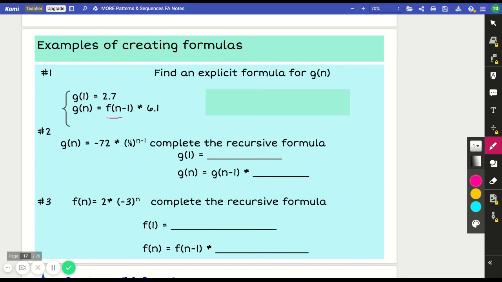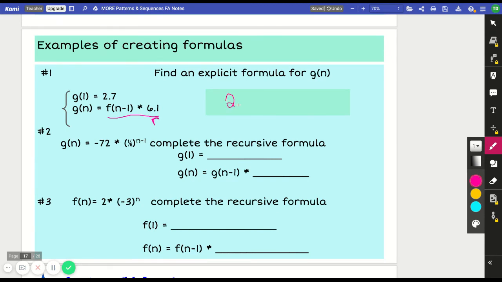So this right here is a geometric recursive formula. So we're going to use that to help us find the explicit formula. So this is the previous term, and we're multiplying it by the common ratio. Okay, so we have the first term and our common ratio to be able to write our explicit formula.